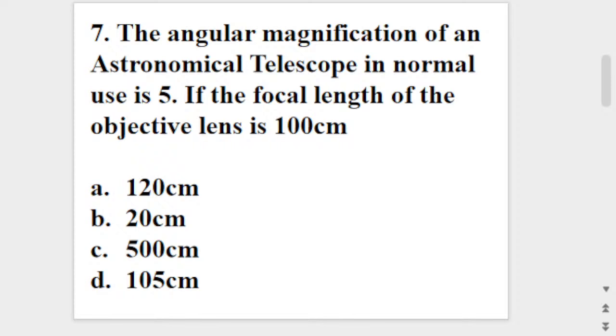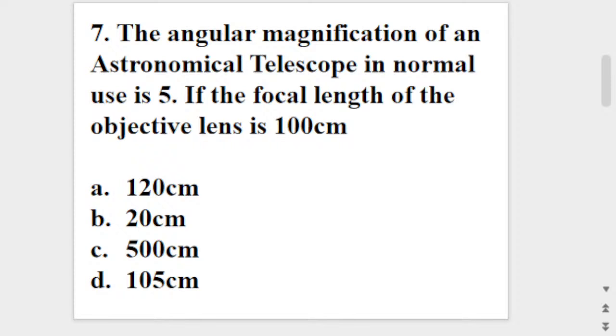Now, we already know what the focal length of the objective lens is, 100 centimeters. So FO here is already 100 centimeters. What we need now that is yet unknown is FE. But we can easily calculate that, can't we? Because the angular magnification M is given as 5.